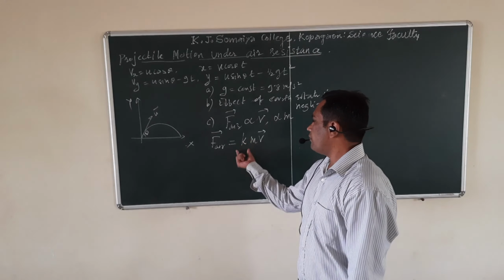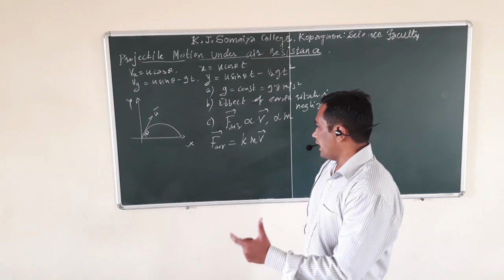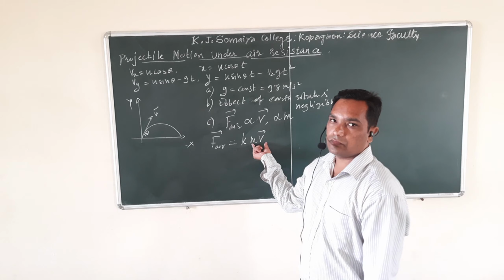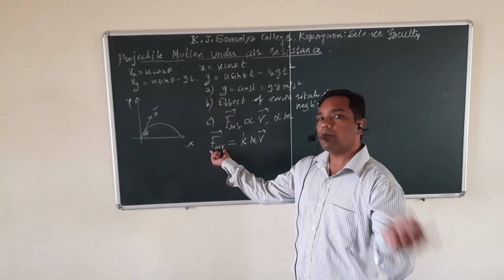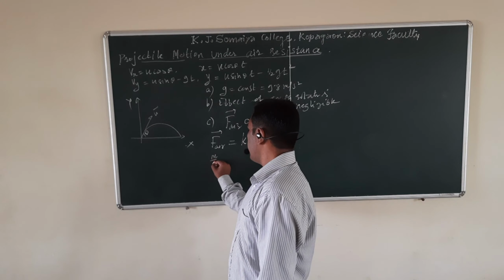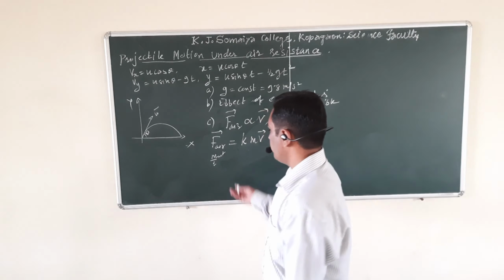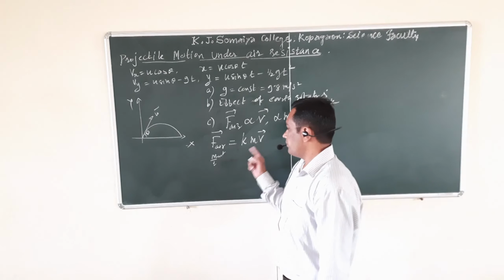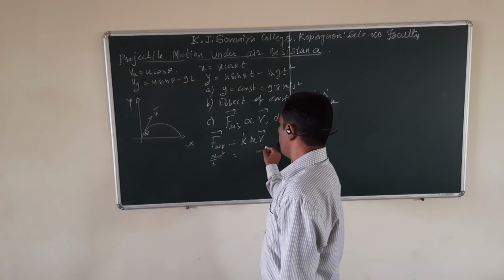Now, how to find the dimension of that k? We know that mass into velocity is nothing but momentum, and force is nothing but rate of change of momentum. So here, momentum divided by time. The dimension of momentum is kg meter per second, and this has the dimension of only momentum.